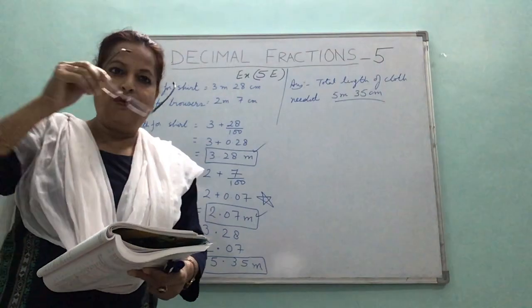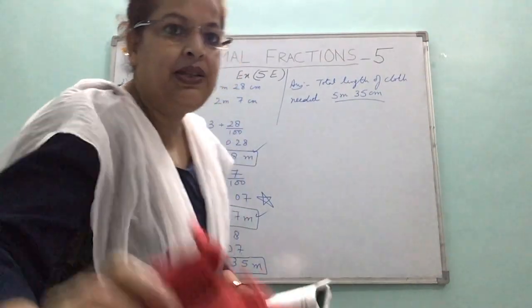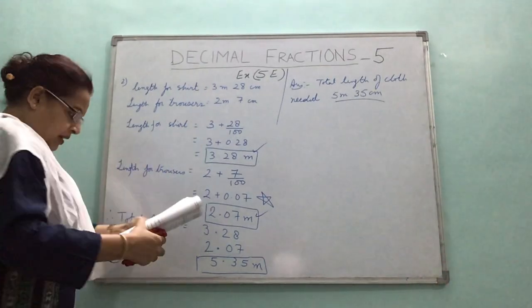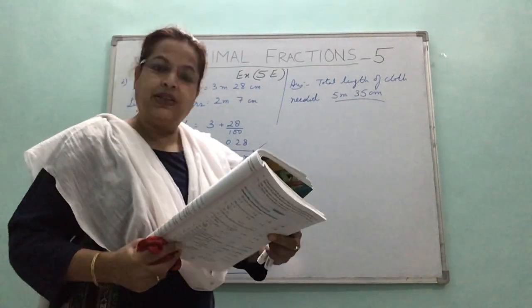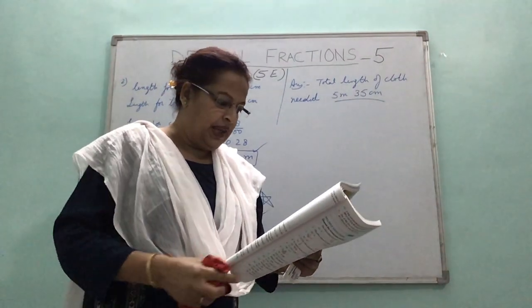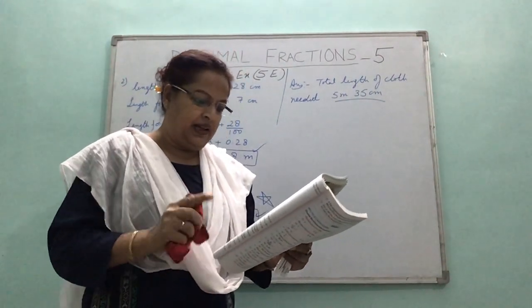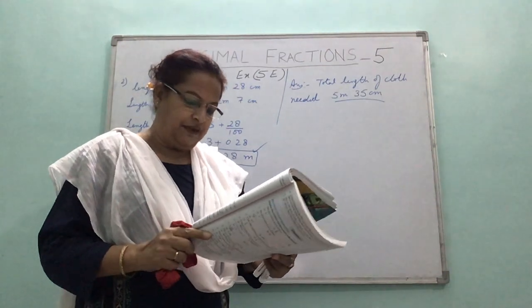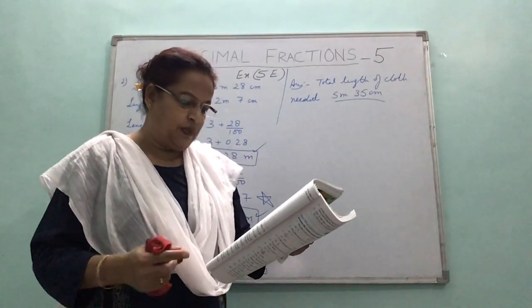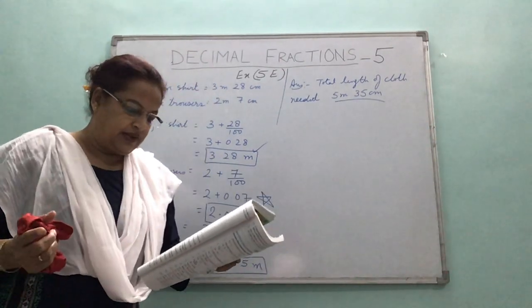Question number 4, let's do it quickly. What is the question? Distance. Now it's a question for distance. The length and distance, I have given you that also. Distance between Delhi and Meerut is 85 kilometer, 850 meter. And distance between Meerut and Muzaffarnagar is 56 kilometer, 85 meter.